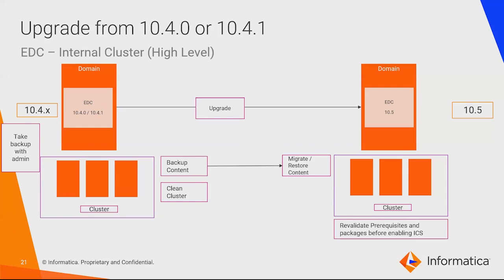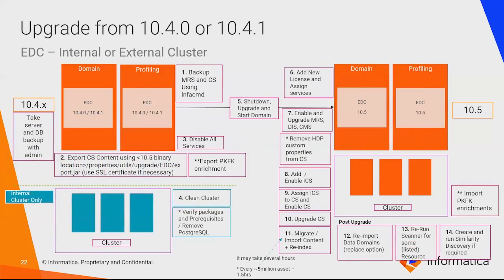Now let's have a look at a more detailed diagram. Here we've got all the steps for both the internal and external cluster, because the backing up of the data and the restoring of the data will be the same for all of them. We'll start off by taking a backup of your MRS and your catalog service, and that can be done with the infacmd command line.